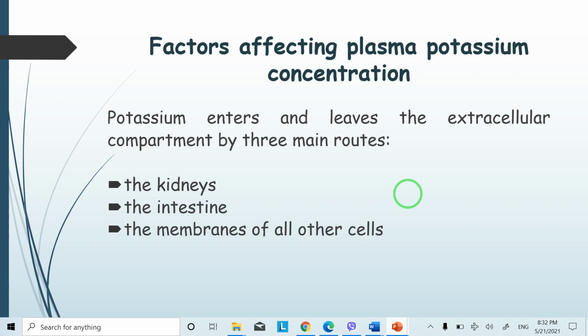Why? Because it is mainly found inside the cell, while when we measure the level of potassium, we measure the potassium in the extracellular compartment. So the level of potassium in the circulation, in the blood, serum or plasma, does not really reflect the actual potassium level inside the body.